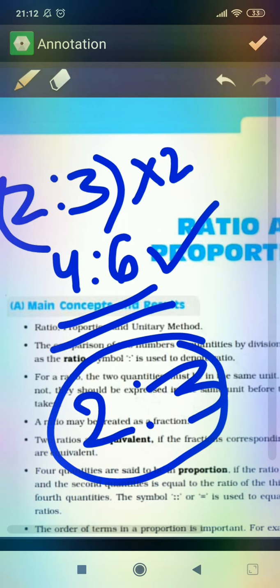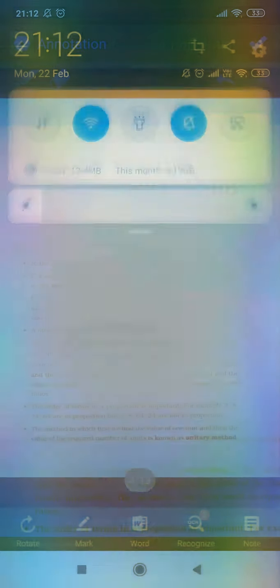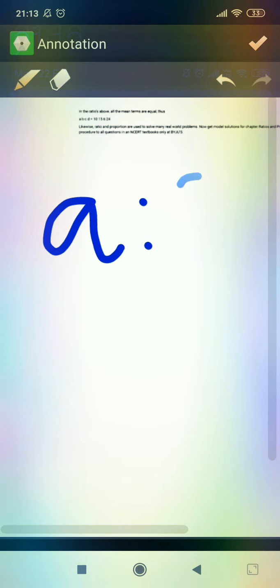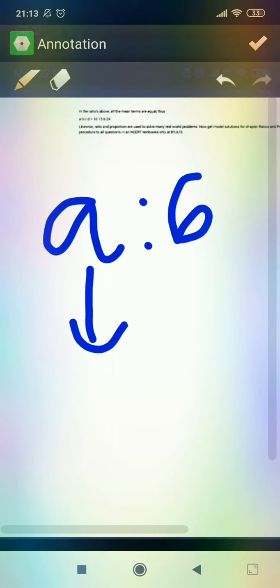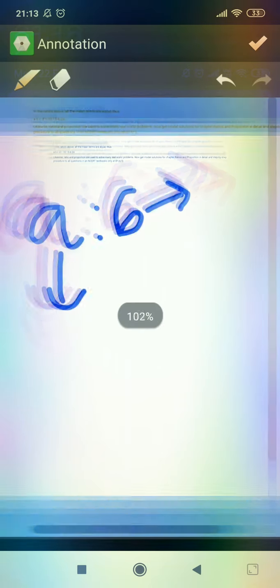This is the simplest form of 4 is to 6. Suppose there are two quantities, let us take a ratio A is to B. As discussed before, A is called the antecedent and B is called the consequent.